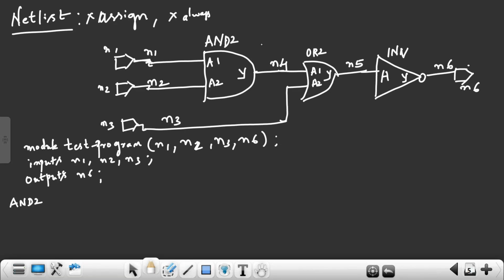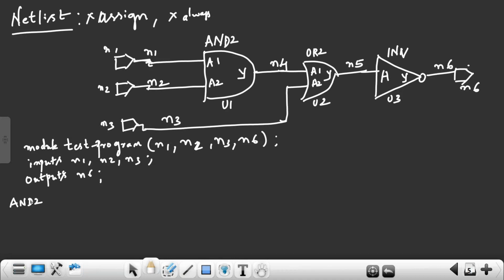If I use 100 such gates in my design, all library names will be the same. To differentiate one AND gate from another, my synthesis tool will give a name called the instance name. The instance name for this is U1, this is U2, this is U3. The instance name can be anything given by my synthesis tool.